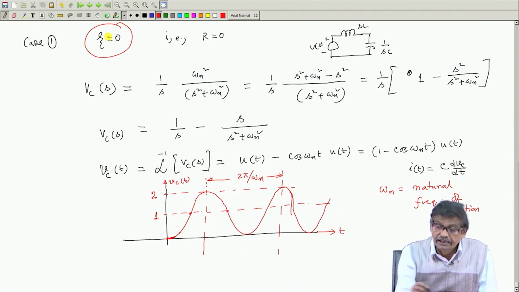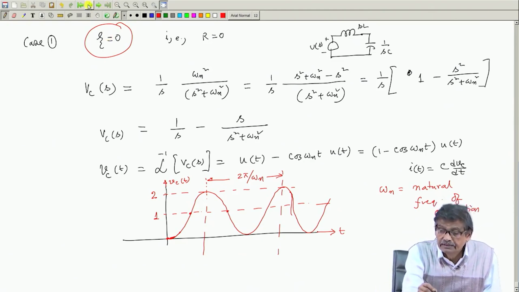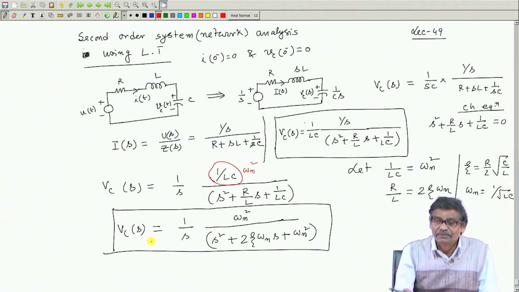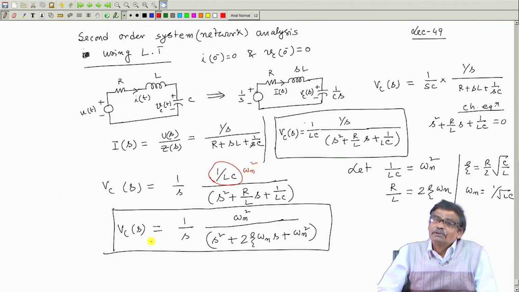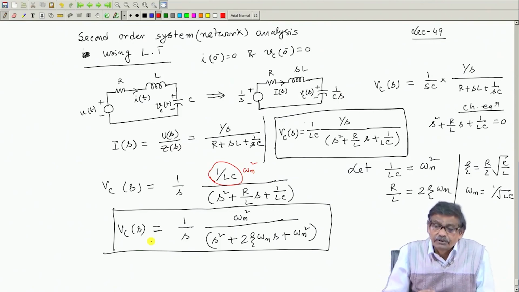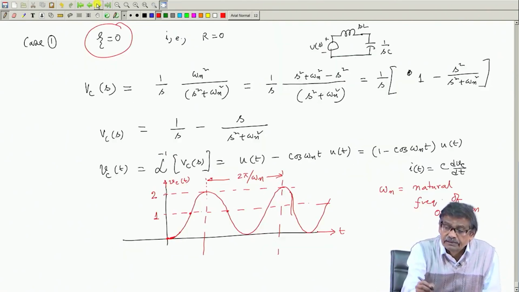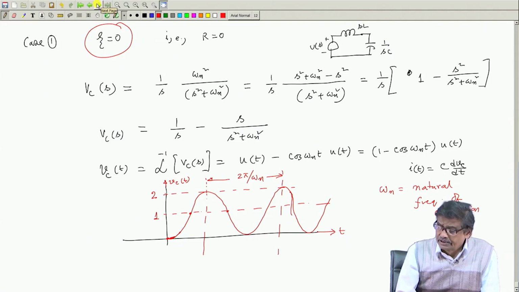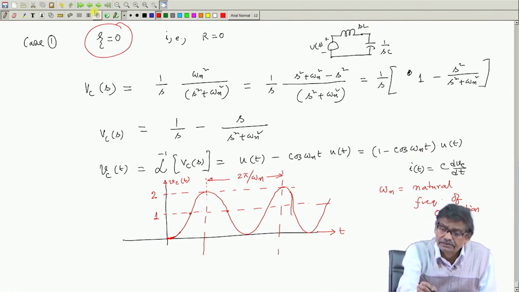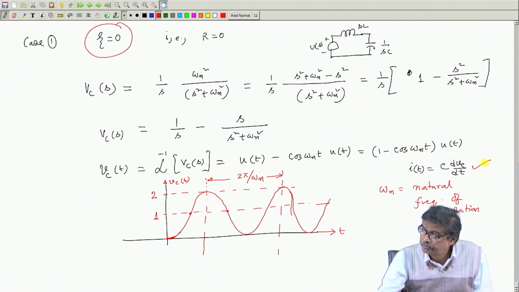So, the significance of defining this as omega n square is now becoming clear. Why people write like that is because of that, some cosine omega n t term you have got. So, this is the case 1 and I am not sketching it, this can be sketched. You complete this part.